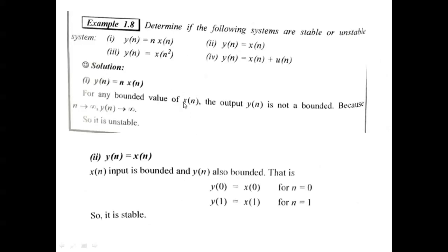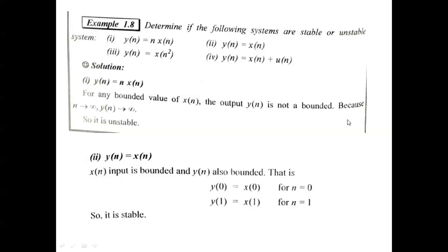And finally, stable or unstable. Stable means the system has a bounded input and bounded output. If so, the system is called stable; otherwise it is unstable. The bounded input is x of n and the bounded output is y of n.